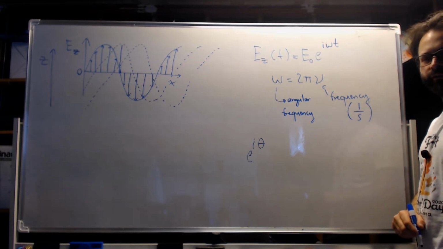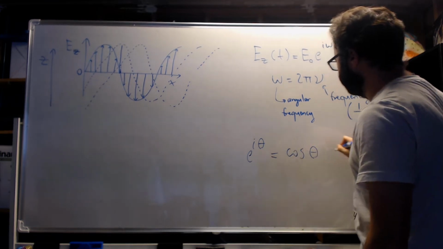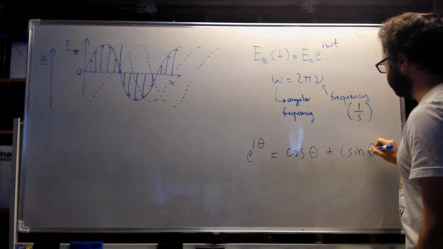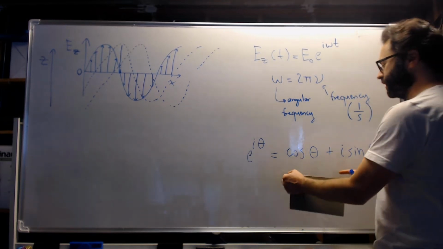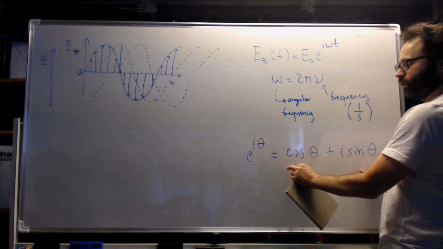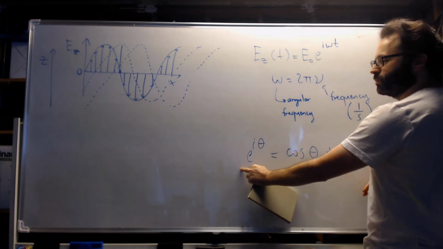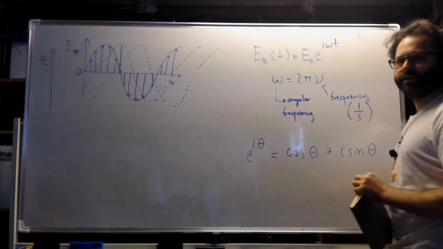This is called the Euler formula, and this equals cosine of theta plus i sine of theta. It's a really interesting proof that one can look up mathematically, but what this says is that I can take a functional form that looks like cosines and sines and write it in a much more compact notation, where it's an exponential raised to the power i theta.